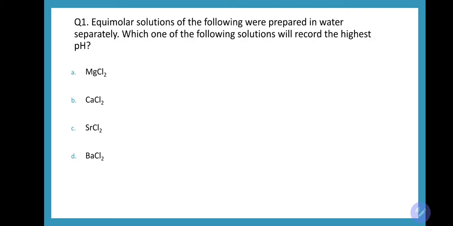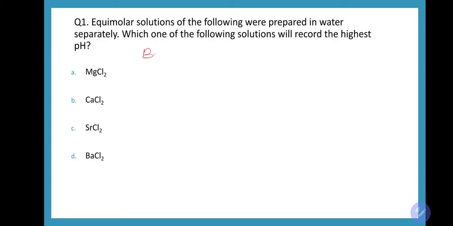Now, how do we find the highest pH? Whenever we are talking about the S block elements, see over here magnesium, calcium, strontium and barium are given, that is the group 2 elements. When you mix equimolar solutions with water, the given chloride, when it goes with water, basically forms hydroxide.